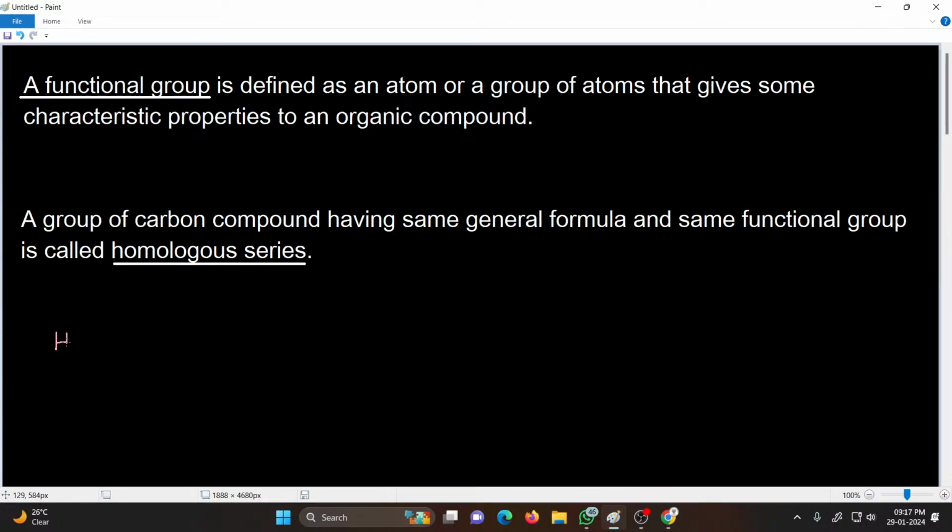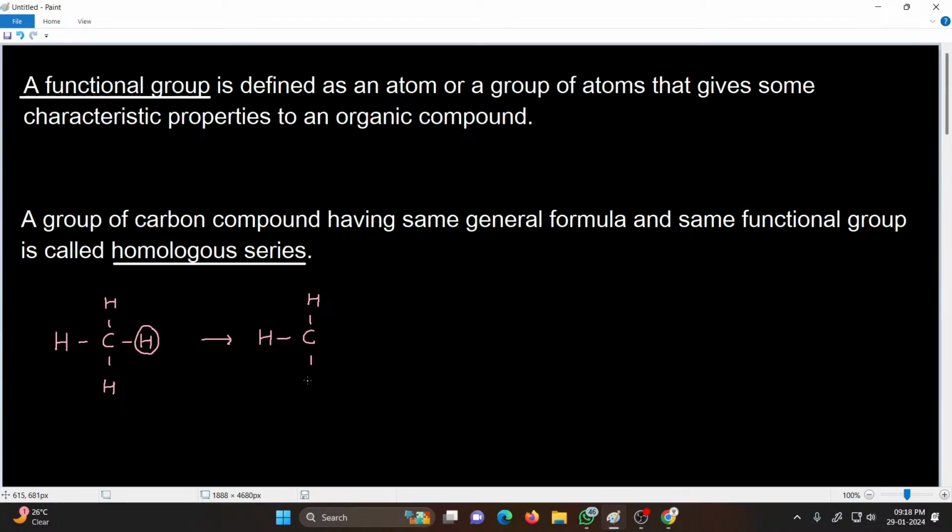Let us start with the simplest organic compound, and that is methane, and let us see how the hydrogen atoms are replaced. Suppose in this compound, this hydrogen atom is replaced by, let us say, a halogen, and halogen is chlorine, bromine, iodine, fluorine.